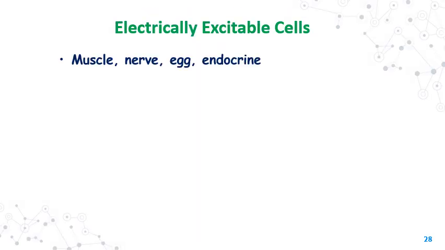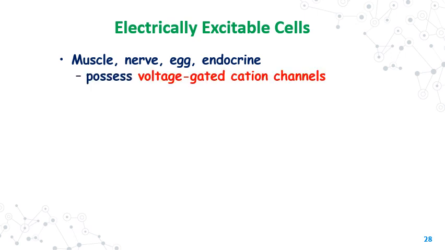So now we look at electrically excitable cells. Every cell is going to have a resting potential, but some cells are capable of responding to electrical signals, or to some kind of signals. Those cells include some muscle cells, nerve cells, egg cells or endocrine cells.